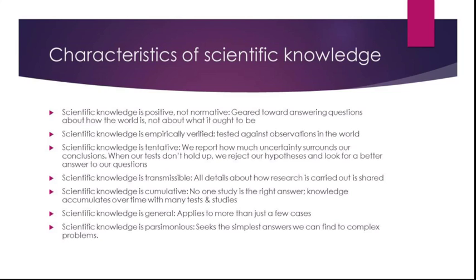Fourth, scientific knowledge is transmissible. All details about how we do our research and how we carry out our research are shared. We write it all up. You'll see this when you read the articles. Everything is described. We even make our data public as much as possible so that people can get our data and reanalyze it. This is actually a big topic of conversation in a lot of social sciences right now, including political science. Many political science journals are moving today toward a requirement that all data be made available to the public, no matter what.